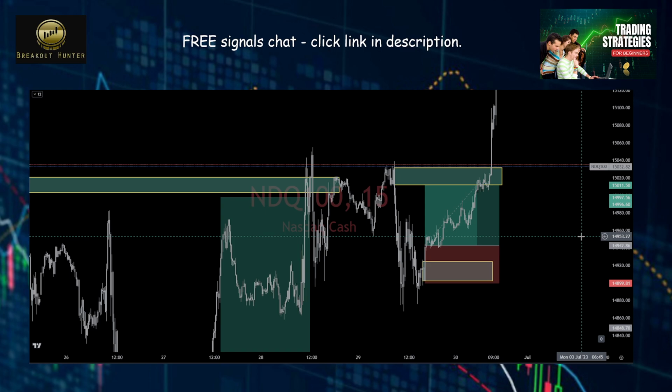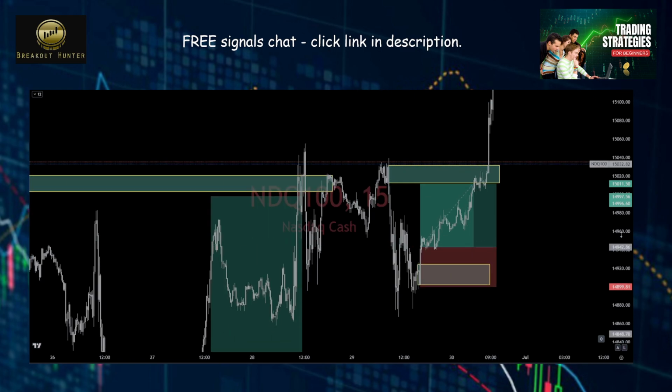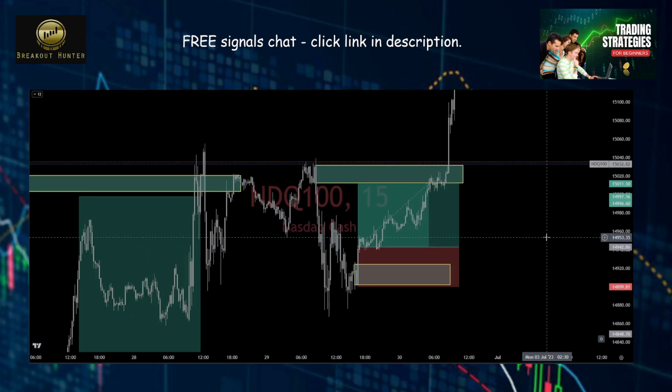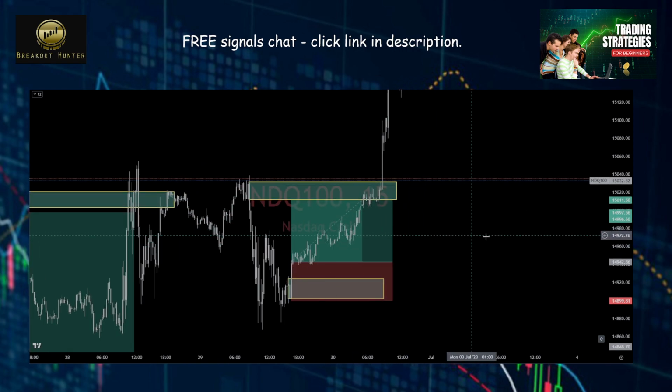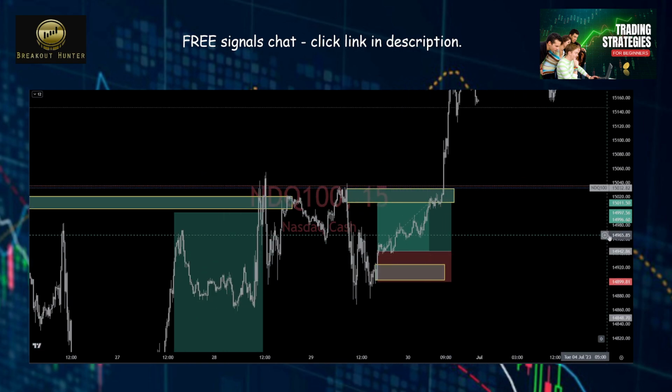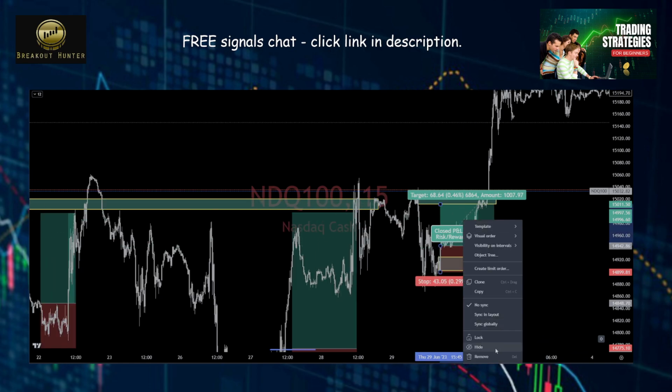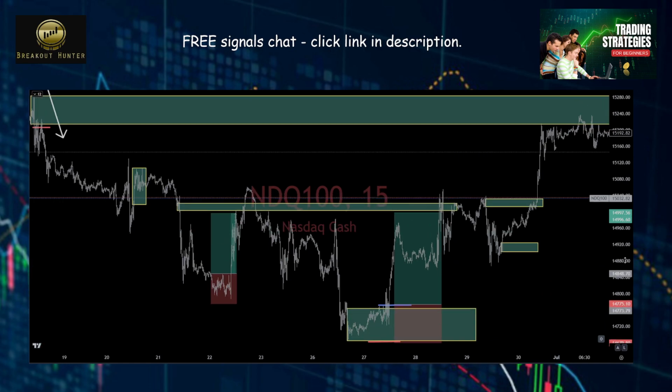On one lot trades on NASDAQ like this for us, small retail traders, that's a huge amount of money. I believe it'd be $6,800. So that's a big trade, and I might be wrong in the math, but that's a big trade. But again, these are the intraday trades.